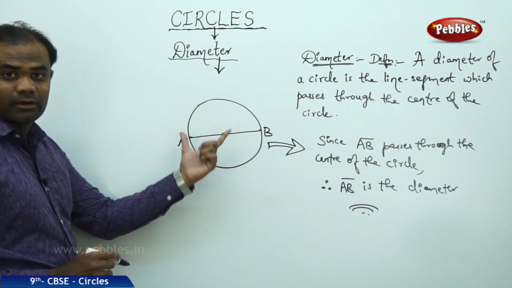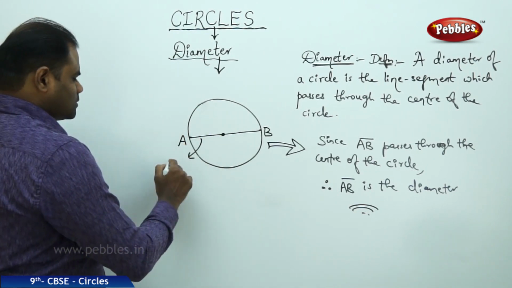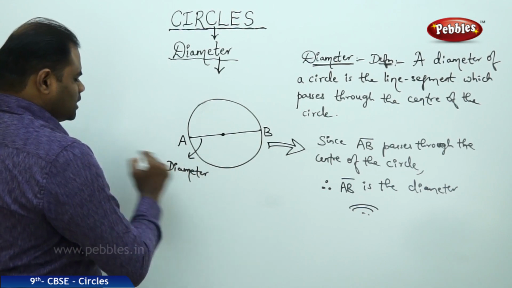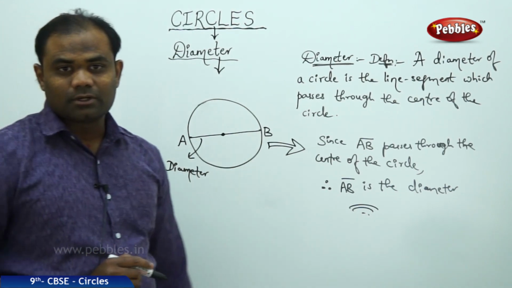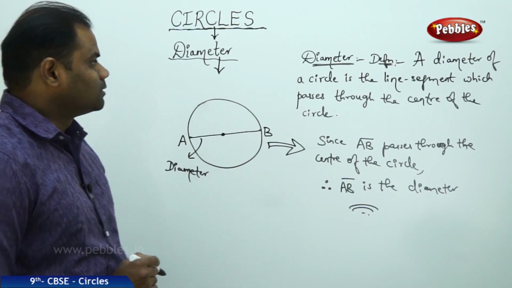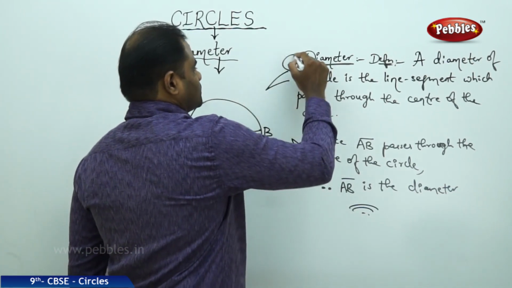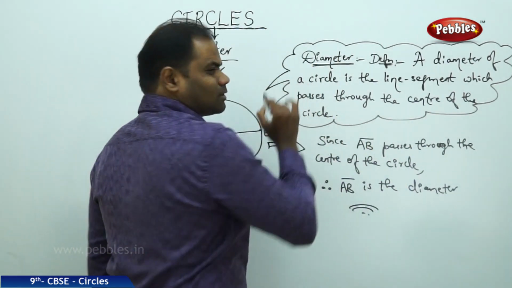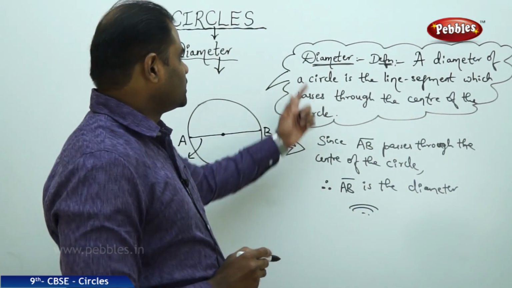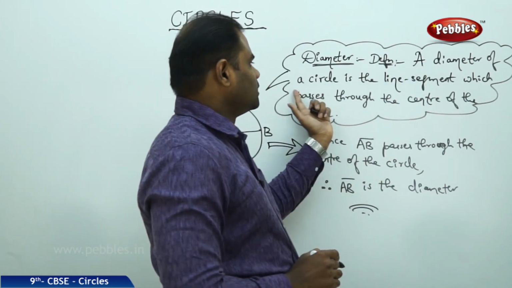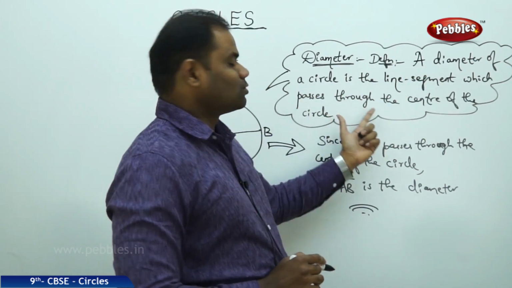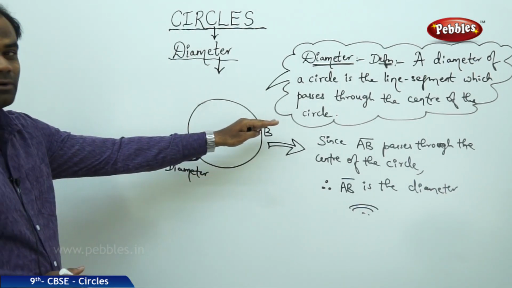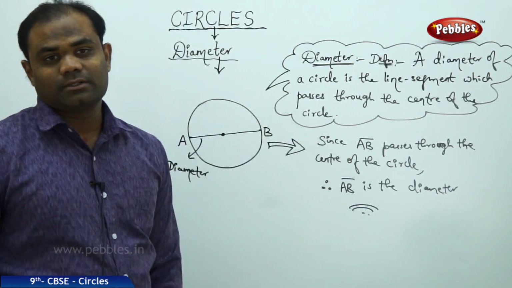So in this diagram, the diameter of the circle is AB, and its definition is given here. So we finally conclude that a diameter of a circle is the line segment which passes through the center of the circle. So this is the diameter because it passes through the center.